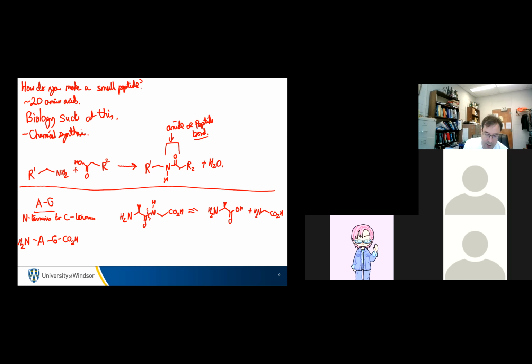But let's say I have magic reagent. For now, let's just put magic. So if I mix these two together, magic reagent, that makes peptide bonds. Am I going to get AG? So I mix a 1-to-1 mixture of these two together.